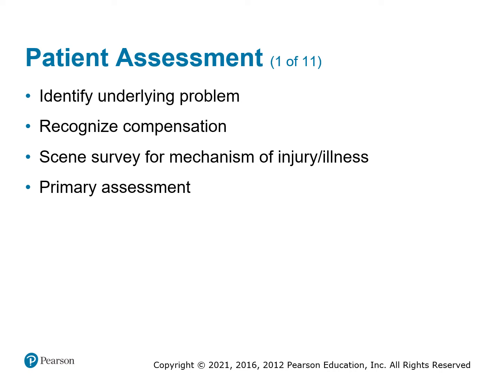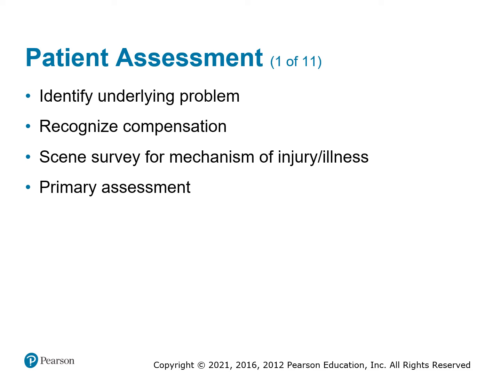As you pull up to the scene, at the very beginning portion of the assessment process, do a scene survey. Look for that mechanism of injury, mechanism of illness. Does this look like something that could cause a significant enough issue that my patient could be in shock from? Not to say that you don't get to something that looks very minor, and they could still have stuff going on that can cause shock.